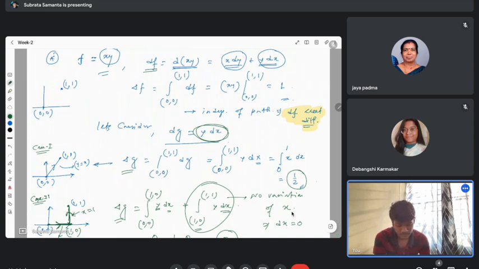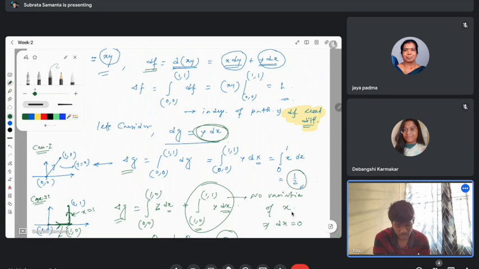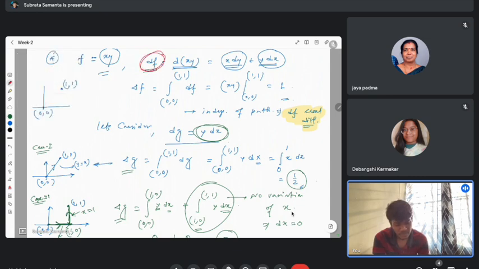So this df is a function of state, but this y dx is not a function of state. Similarly, x dy is also not a function of state.